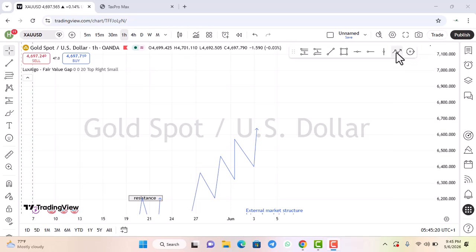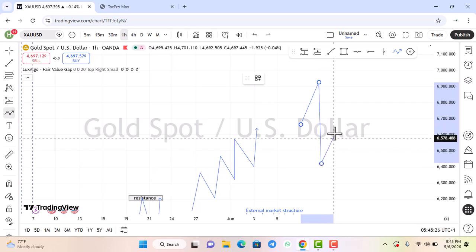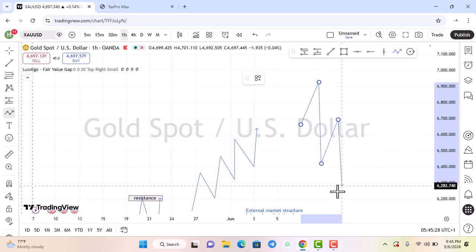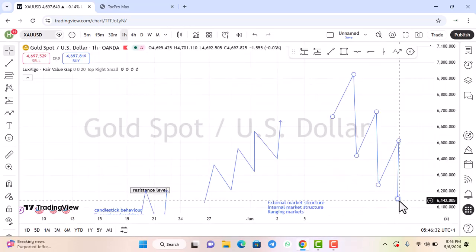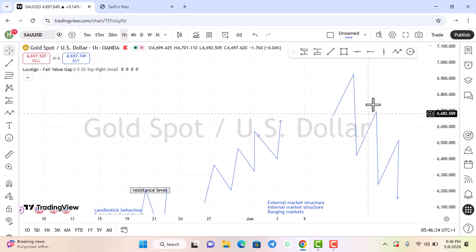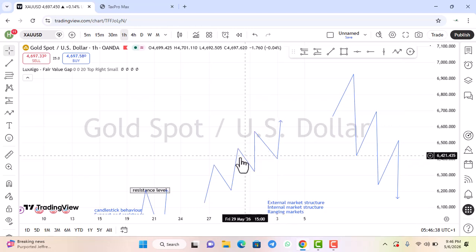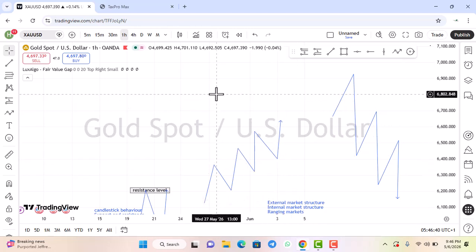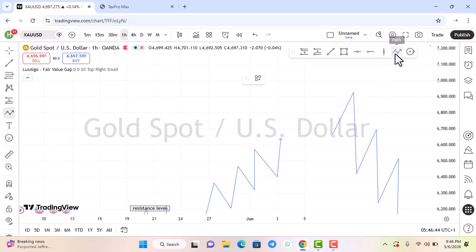And this is how markets move from the upside to the downside, creating a zigzag continuously, until it is time for the market to change direction from downside to upside or from upside to downside.